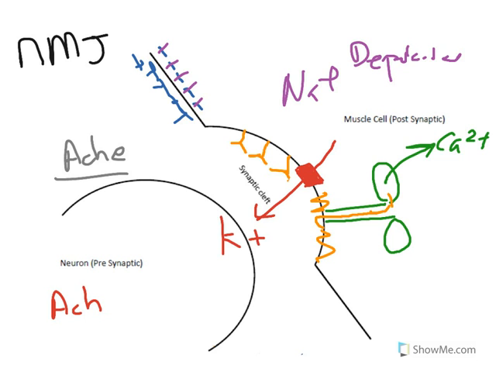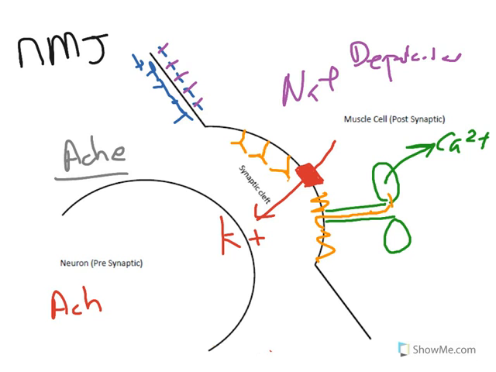So K+ leaves. As this is also going on, acetylcholine is broken down by acetylcholine esterase, the choline is recycled, and acetic acid will go on to be used in cellular respiration. So those events are happening simultaneously.